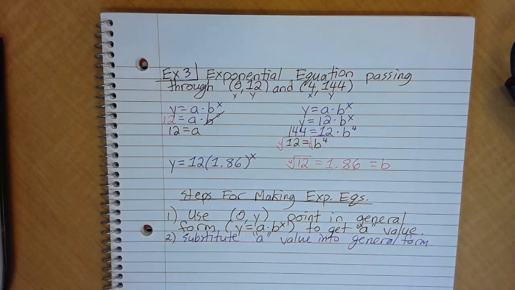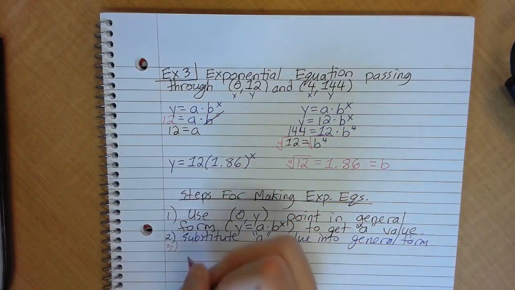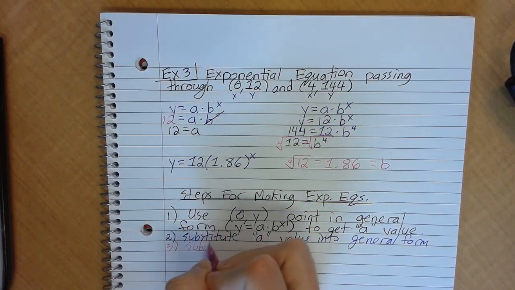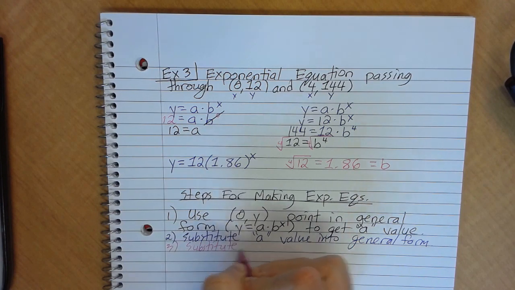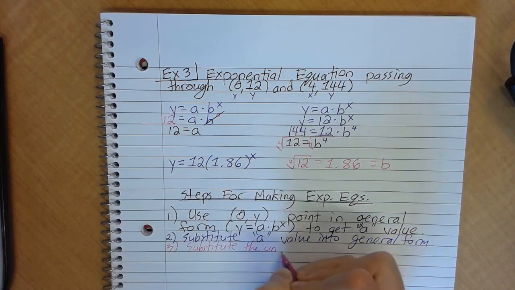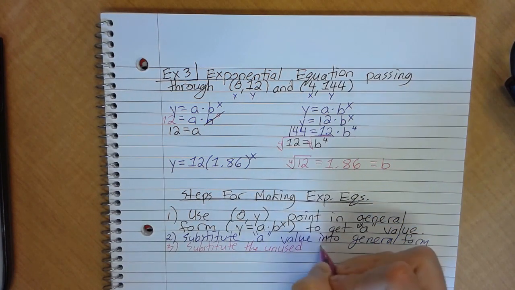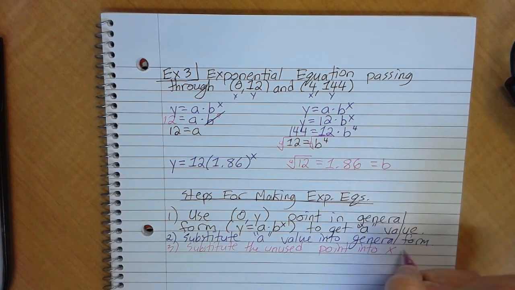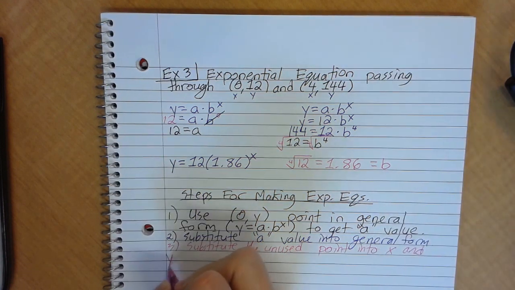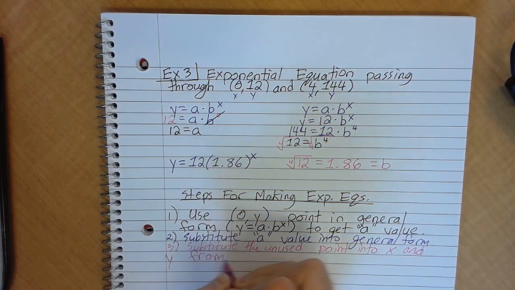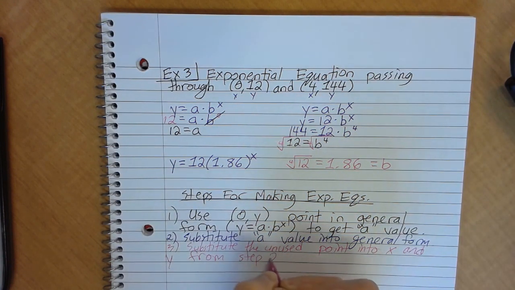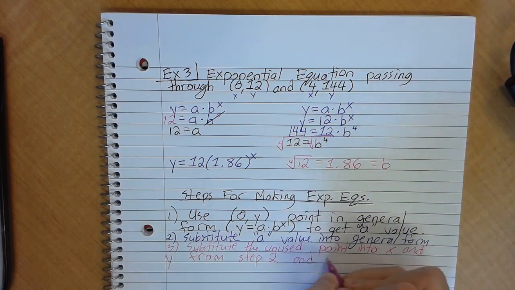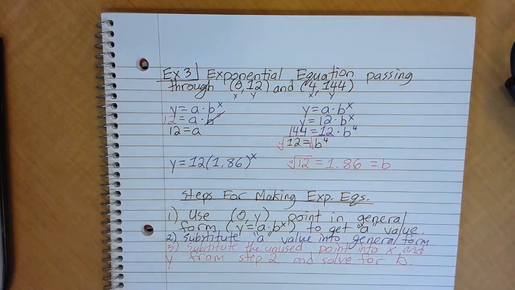And then step 3, substitute the unused point into x and y from step 2 and solve for b.